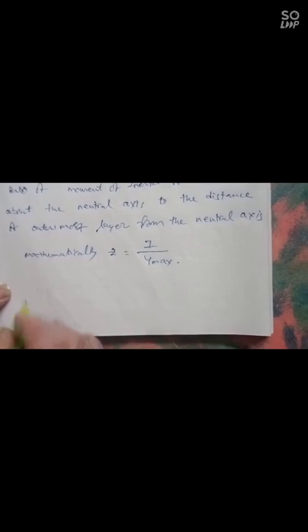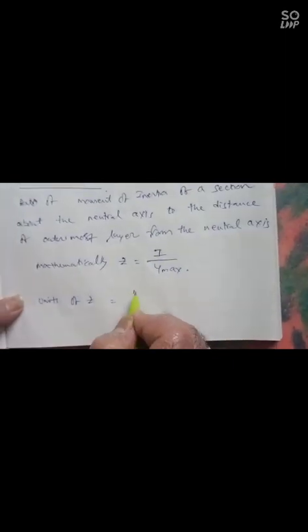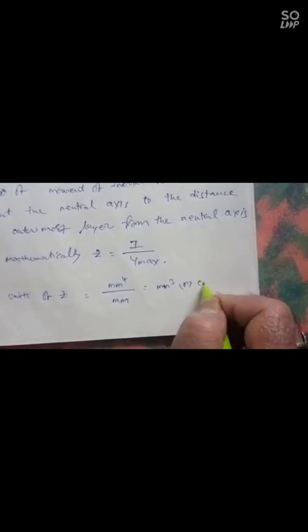So for the units of Z, moment of inertia is millimeter to the power of 4 and y is millimeter. So it gets cancelled, we have millimeter to the power of 3, or we may also write centimeter cube or meter cube. So these are the units of section modulus.